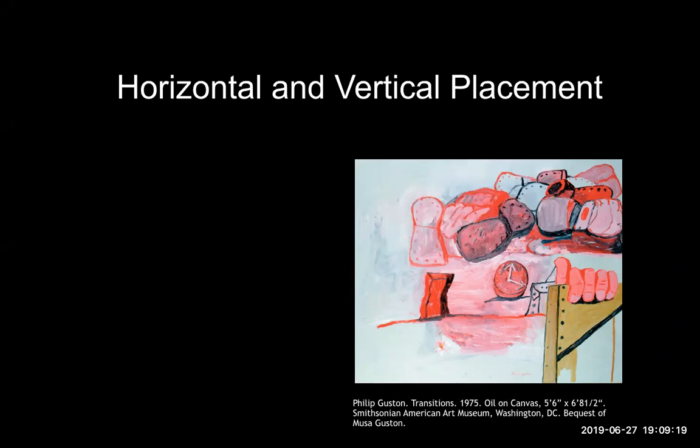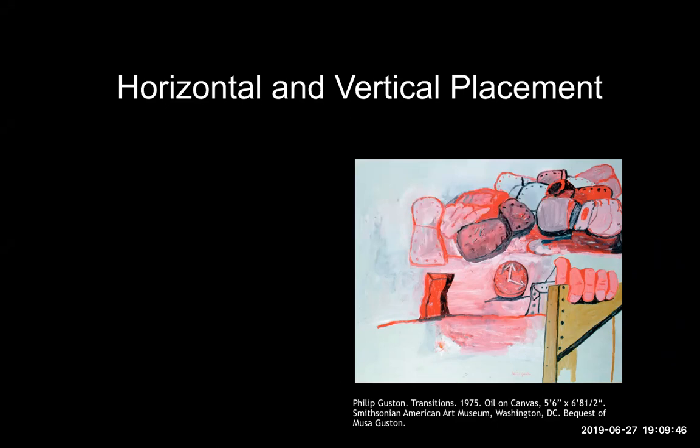And the off-balance shift in weight seems in keeping with the title. A body off balance tends to be in transition until balance is reached. So we can tell that there is some kind of a body involved by the hands there also hanging on. So there's a sense that there's imbalance or something is happening.